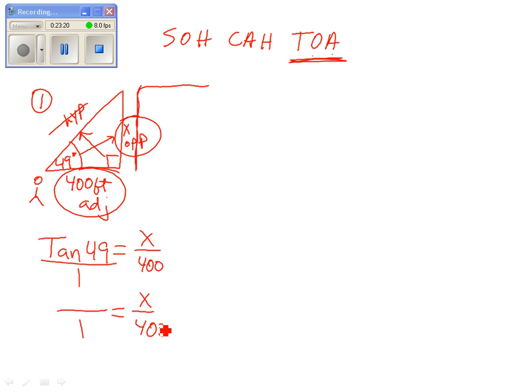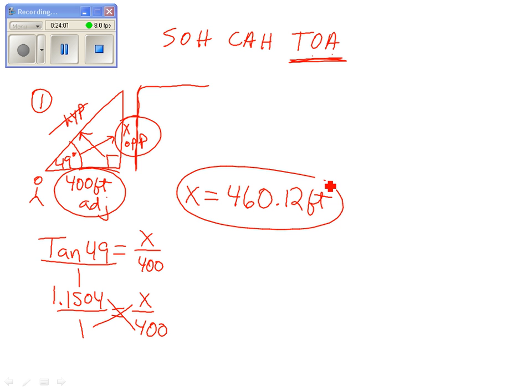So you just hit tangent 49 on your calculator, hit enter, and it tells us it's 1.1504. We cross multiply, and we end up with x. 1 times x is just x. 400 times 1.1504 ends up being 460.12 or so feet.